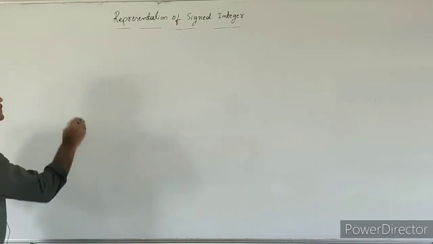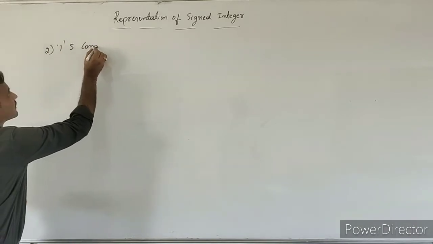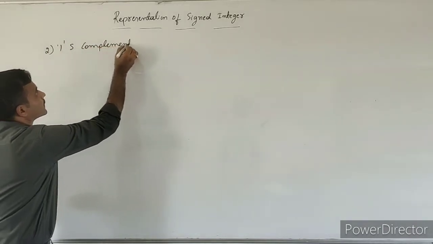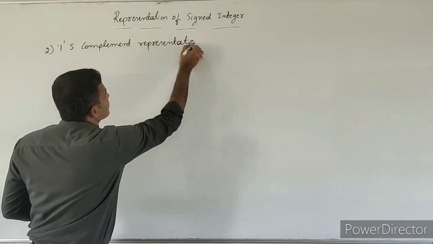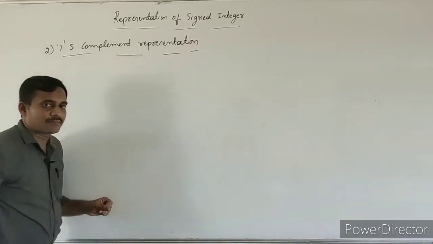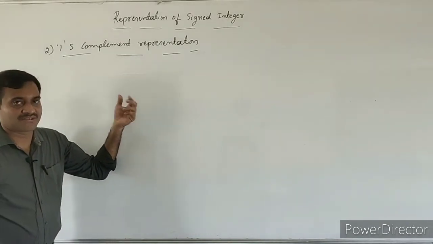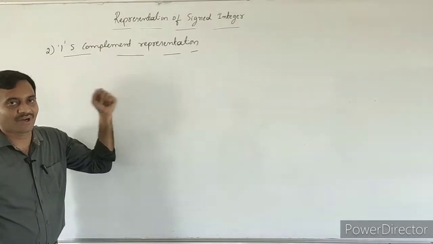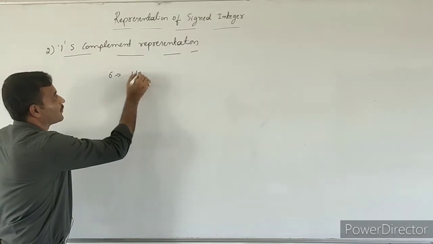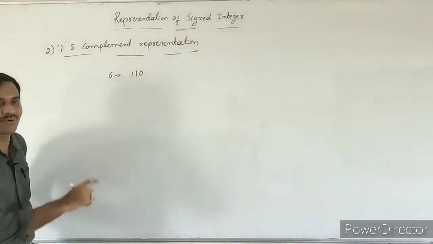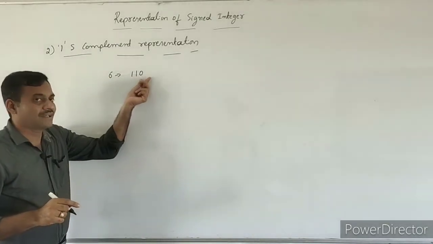Okay, let's take the second one, that is ones complement representation. In a ones complement representation, we subtract each binary digit from 1. For example, 6 is represented as 110. In ones complement representation, we subtract all binary bits from 1.